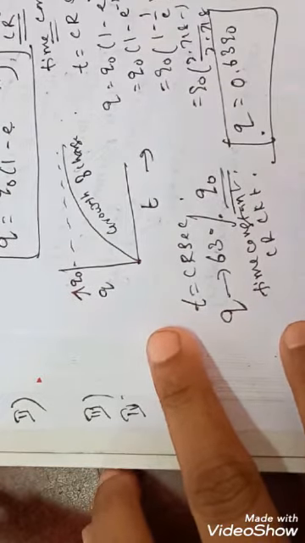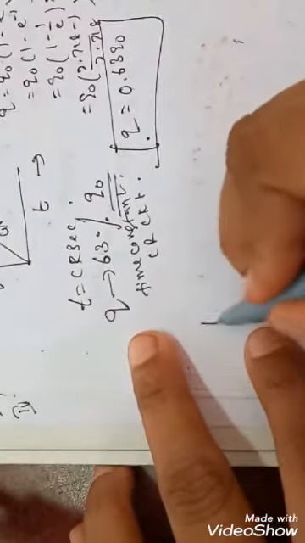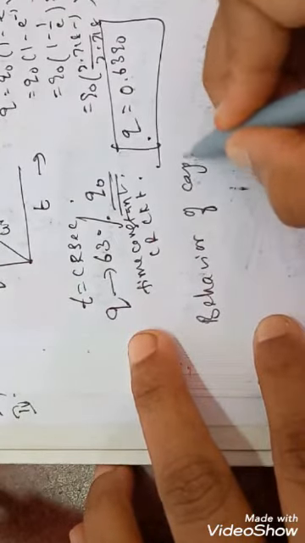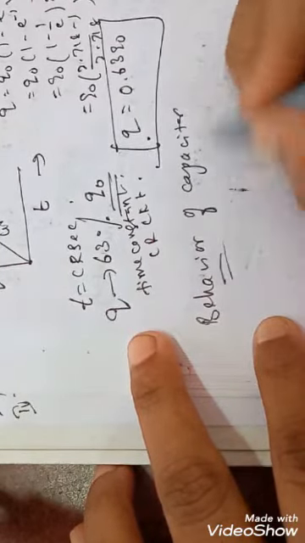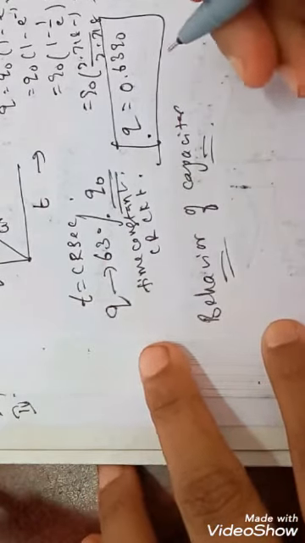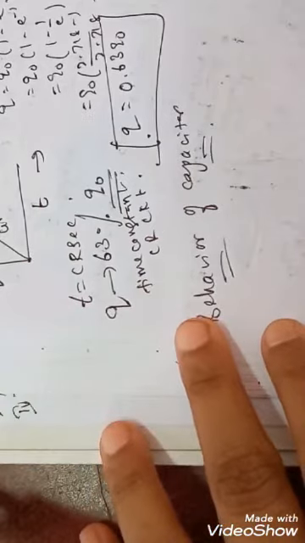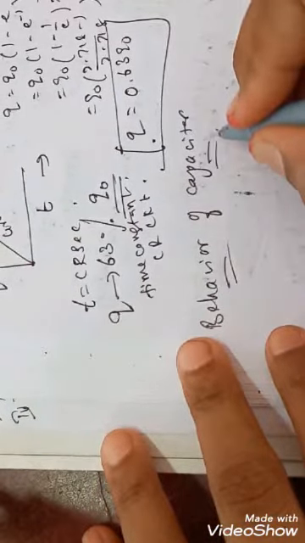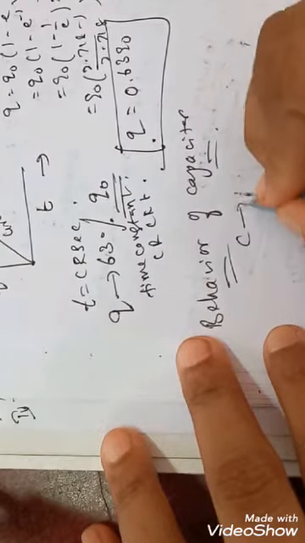Now as usual, let us see the behavior of the capacitor during growth of current or growth of charge. As usual, we connected it to the battery. The charge is increasing.